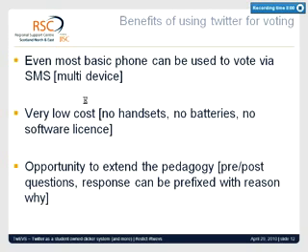What's quite interesting is there's an opportunity here to start extending the pedagogy as well, because you're not relying on collecting results via a receiver. You can start posing questions pre-class, post-class.